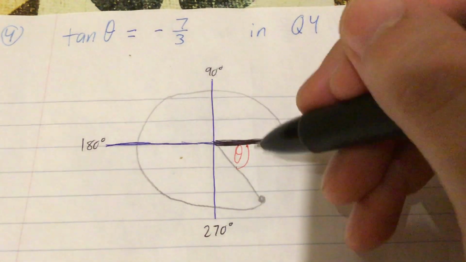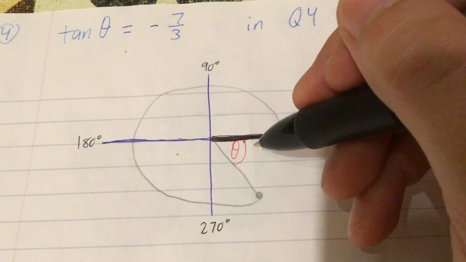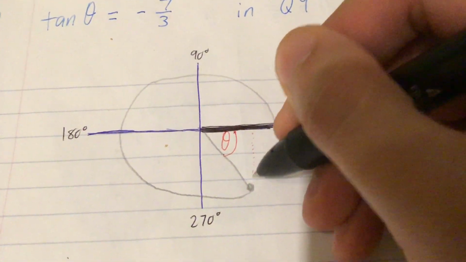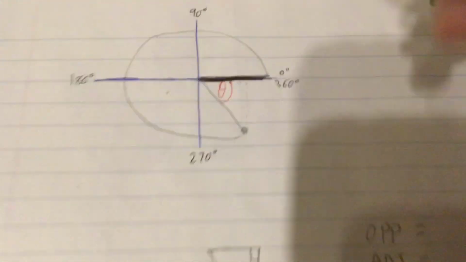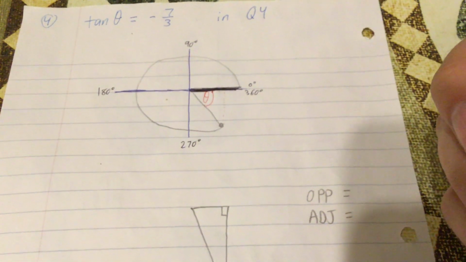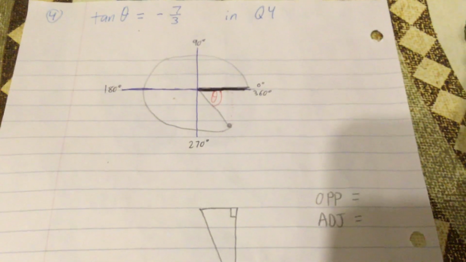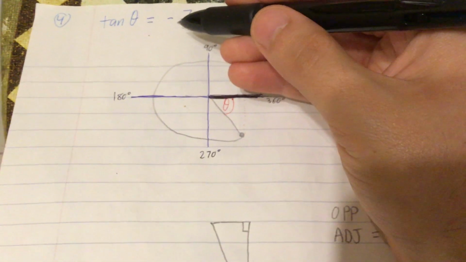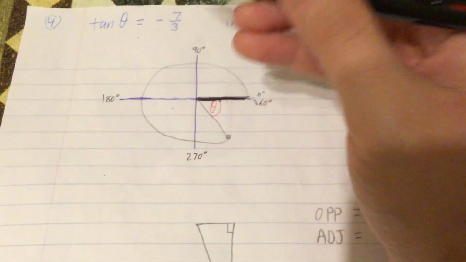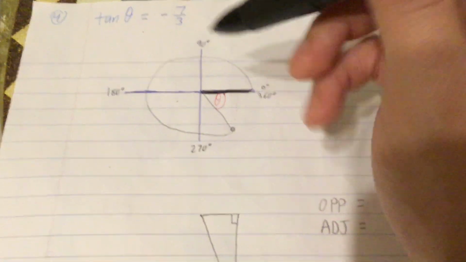Okay. So our goal is to solve for the reference angle, to solve for the gray angle, the gray arc. So let's make a 90-degree angle right there. So considering that the tangent is opposite over adjacent, I'm going to just ignore the negative sign right there. But you know what? The solution itself is going to have a negative tangent.